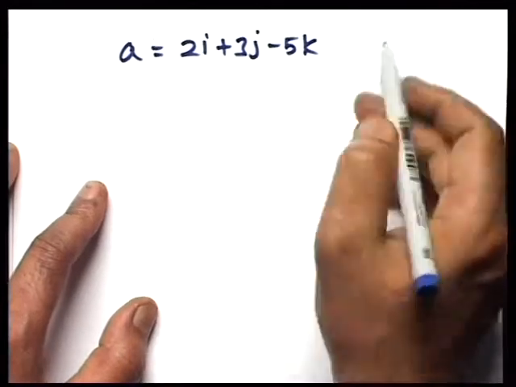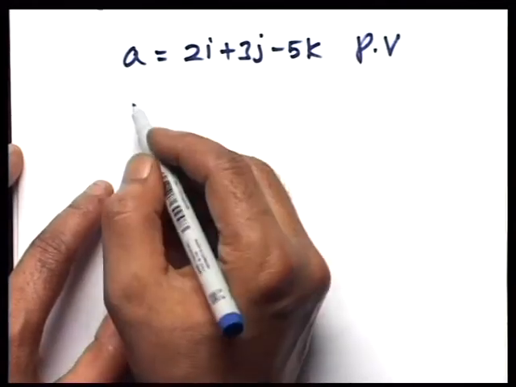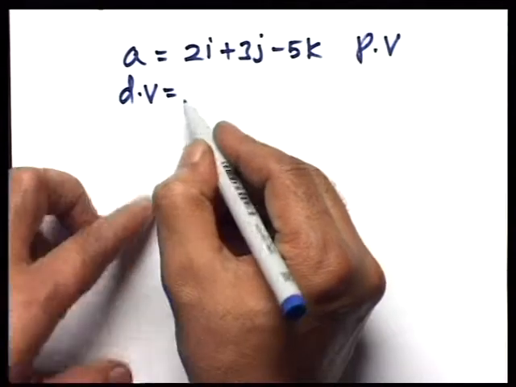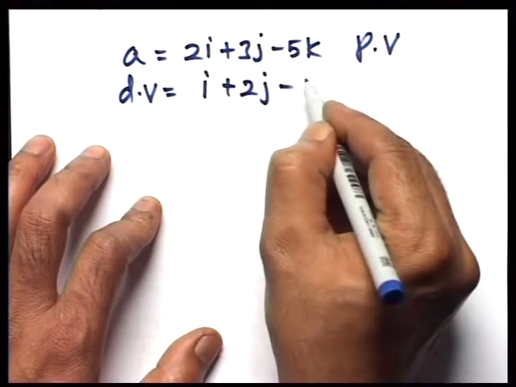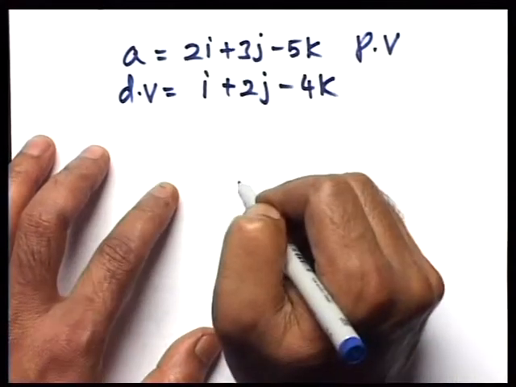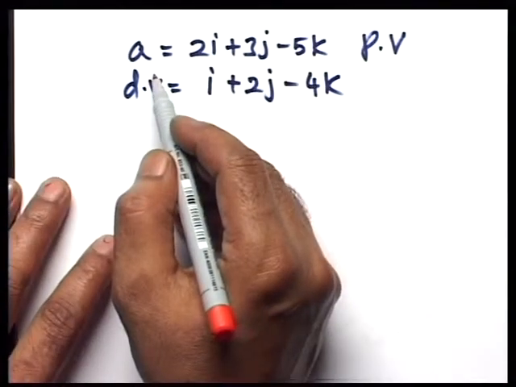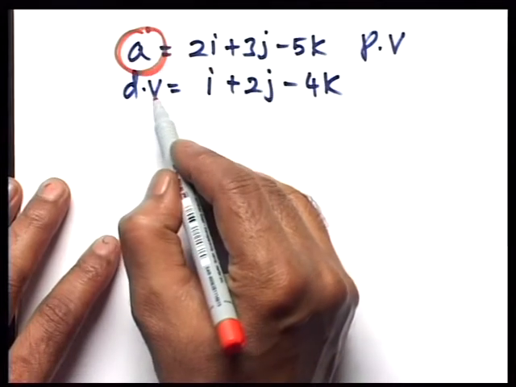That's the position vector of a point A, which is OA. Then I have the direction vector given to me as, for example, i plus 2j minus 4k. They want us to find the equation of a line passing through A, which is parallel to this.